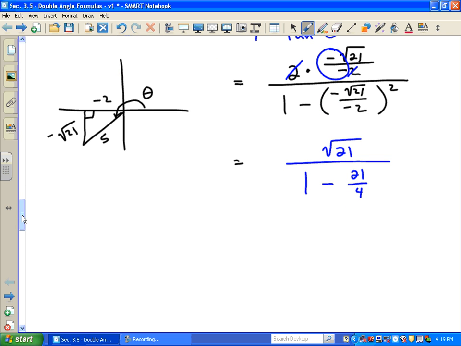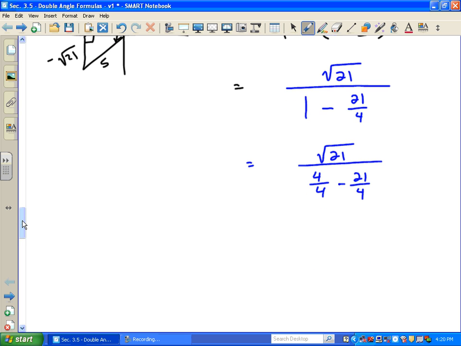Okay, on this particular one, in the denominator, I need a common denominator. So I'd have square root of 21. This would be 4 fourths minus 21 fourths. Alright, well 4 fourths minus 21 fourths, that ends up being negative 17. So I have square root of 21 over negative 17 fourths.